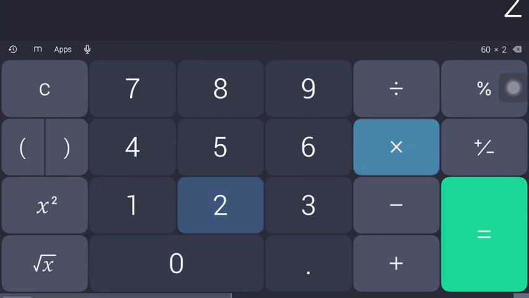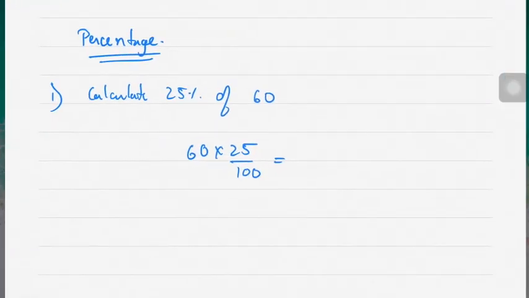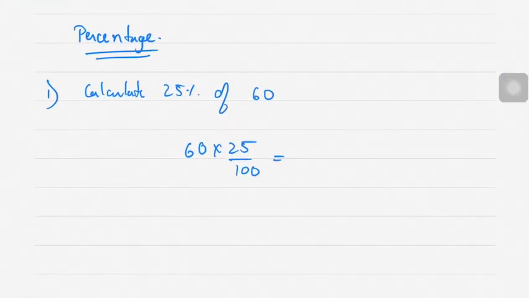Sixty into 25 divided by 100 comes to 15. So 25% of 60 is 15.